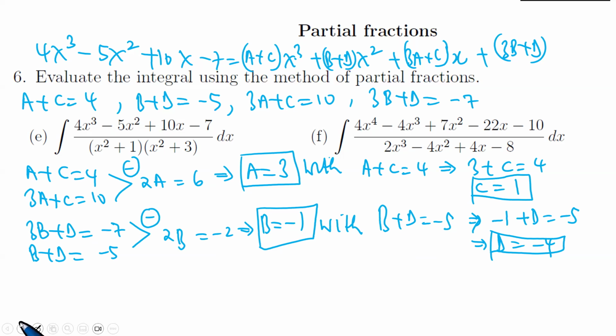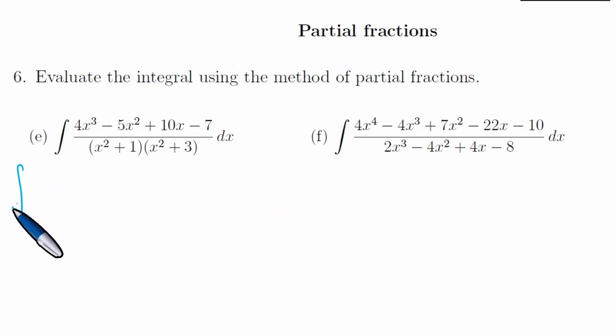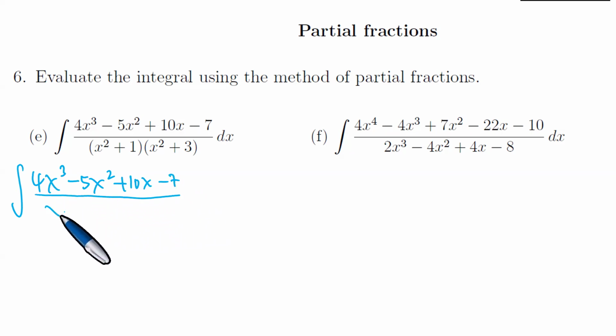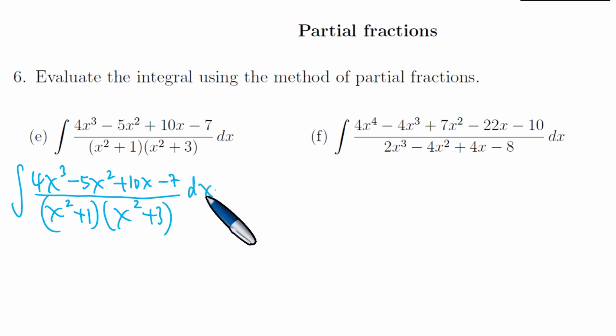Let's continue. So the integral of (4x³ − 5x² + 10x − 7) all divided by (x² + 1)(x² + 3) dx.